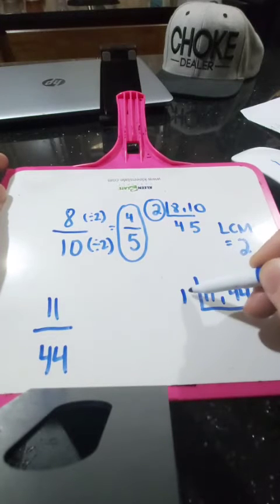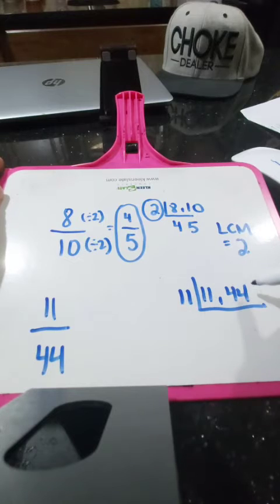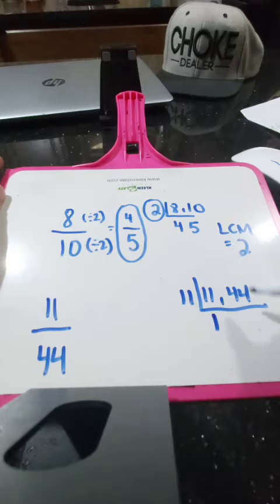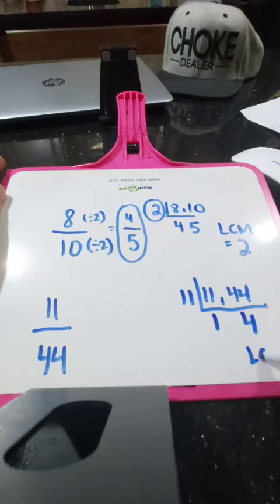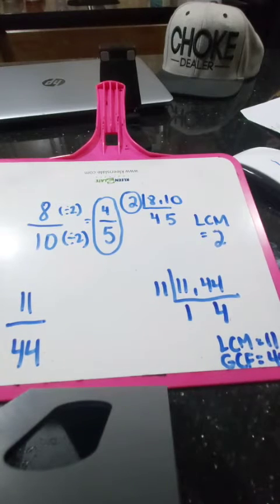Finally, we get to 11. 11 is our smallest prime number that can go into 11 and 44. 11 goes into 11 1 time, 11 goes into 44 4 times. Therefore, our LCM equals 11, and our GCF, that we don't need right now, equals 44.